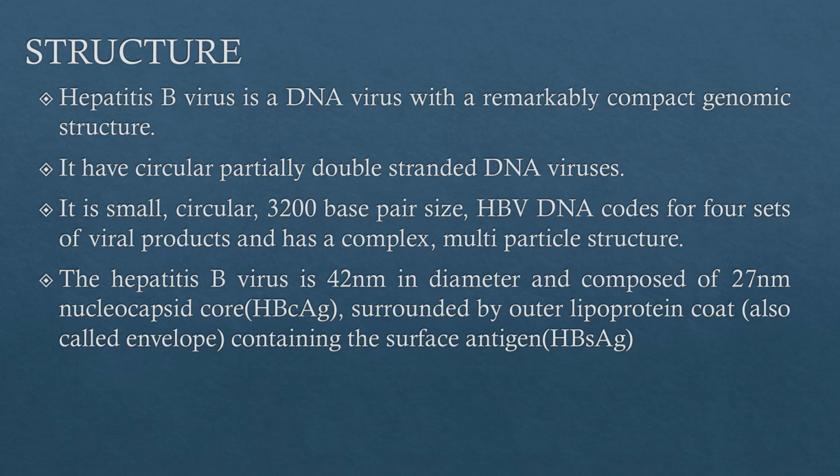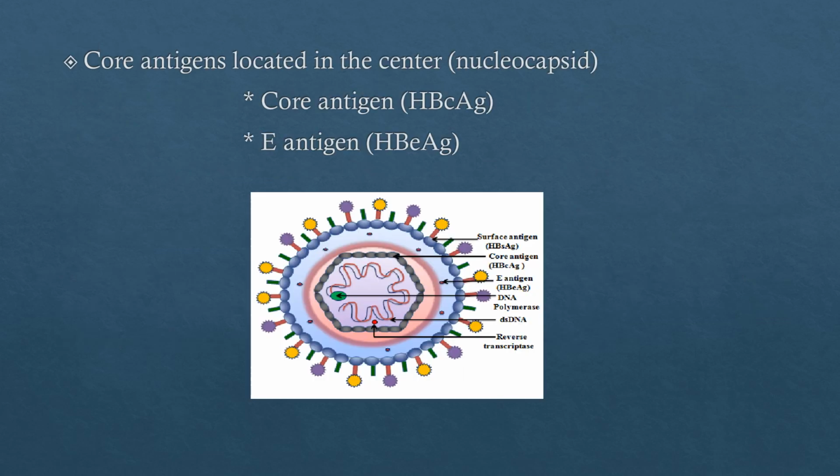The virus is 42 nanometers in diameter and composed of a 27 nanometer nucleocapsid core (HBc antigen) surrounded by an outer lipoprotein coat, also called the envelope, which contains the surface antigen, HBs antigen. The core antigens are located in the nucleocapsid. This is the picture of hepatitis B virus.